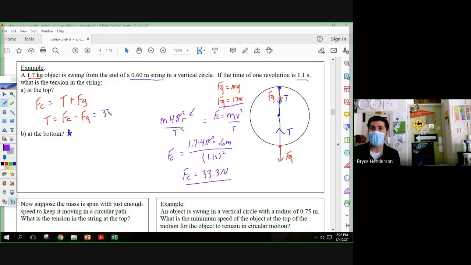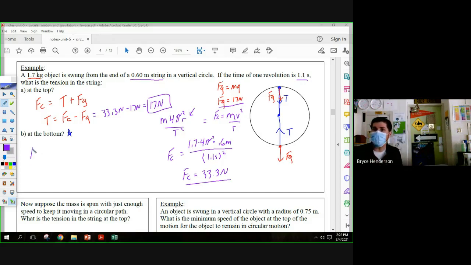We can do 33.3 newtons minus 17 newtons, which gives us about 17 newtons. Then at the top, 16.66, right, we can round that up to 17 for sure.